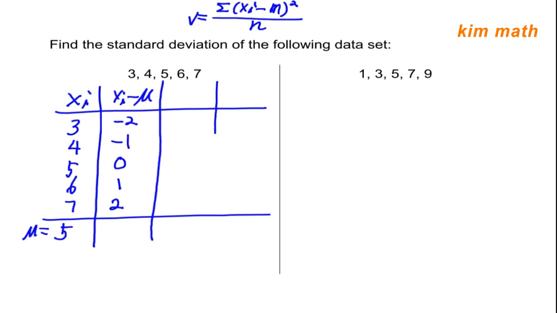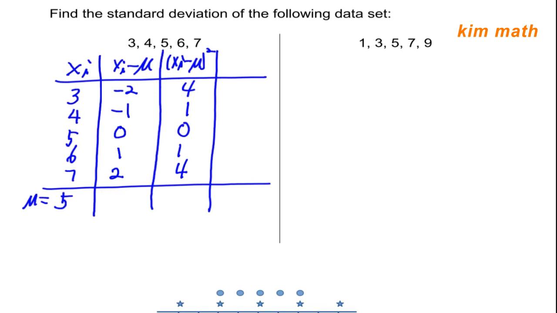Now the last column is xi minus mu squared, so the squared value of our previous column. So this is 4, 1, 0, 1, 4. Okay.